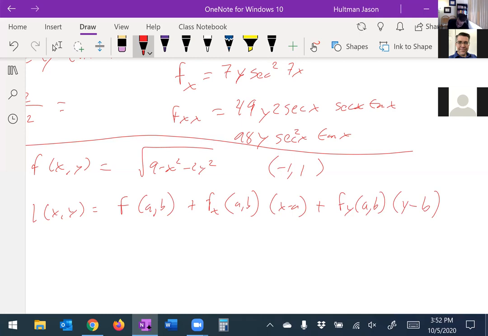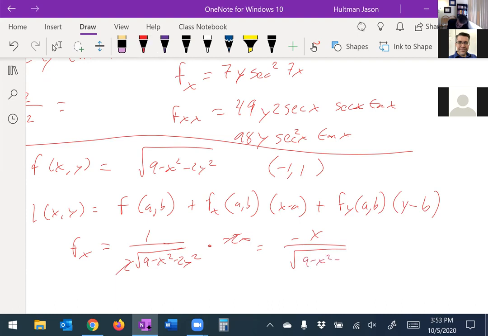So let's find our f sub x and f sub y. Our partial with respect to x here is going to be 1 over 2 radical 9 minus x squared minus 2y squared times the derivative of the inside, which is -2x. The 2's cancel. I'm left with -x over the square root of 9 minus x squared minus 2y squared.